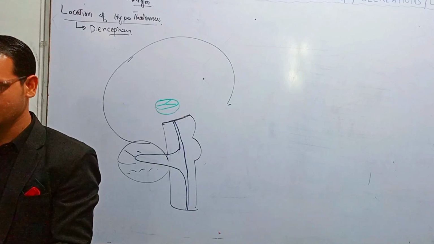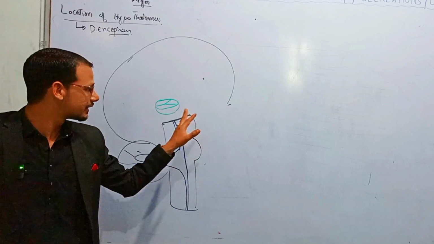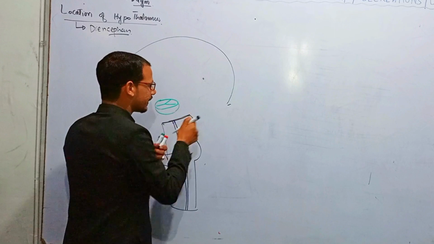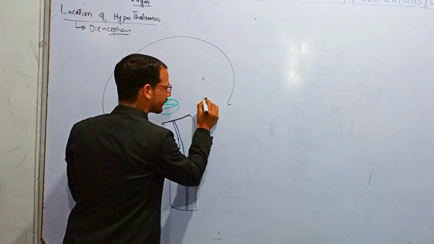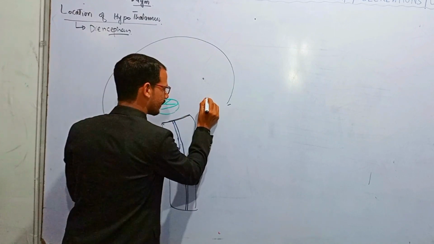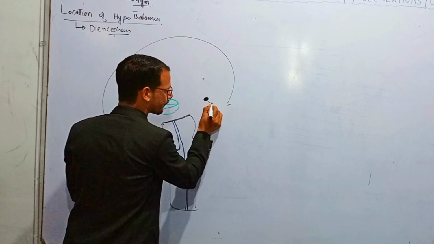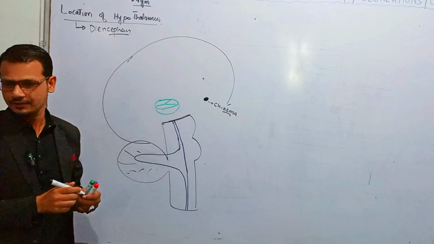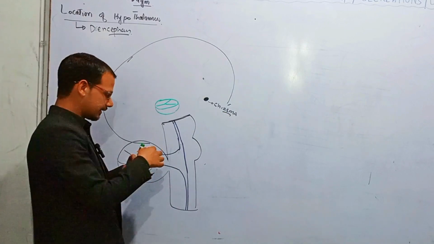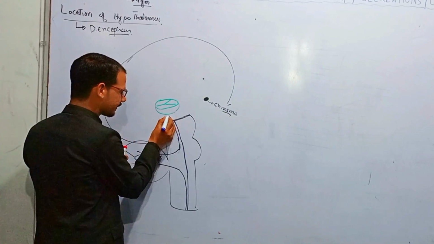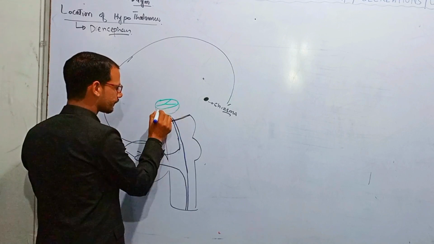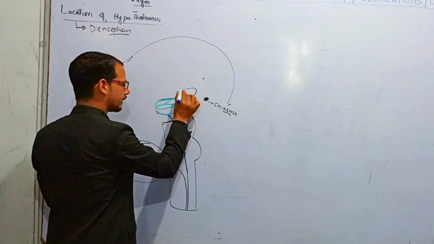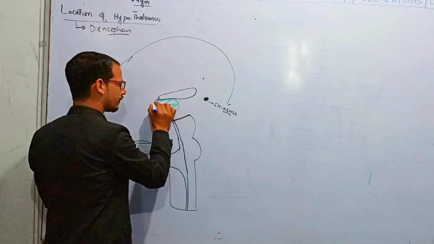This is called coma, and coma is due to damage to the thalamus, right? So this is thalamus, and for example, this is that chiasma. Here this aqueduct is moving, and here we will see the third ventricle.